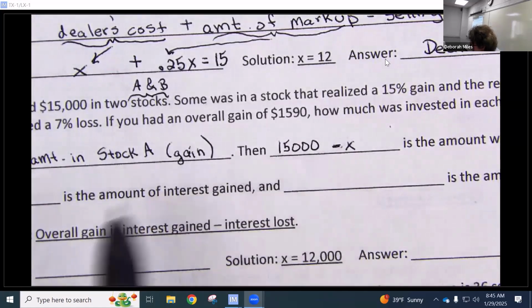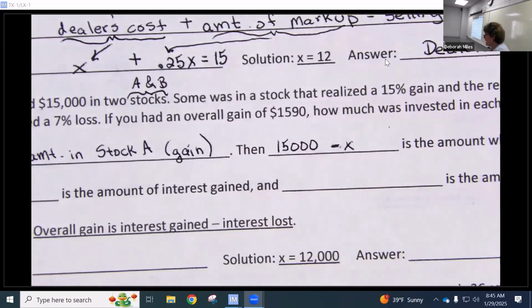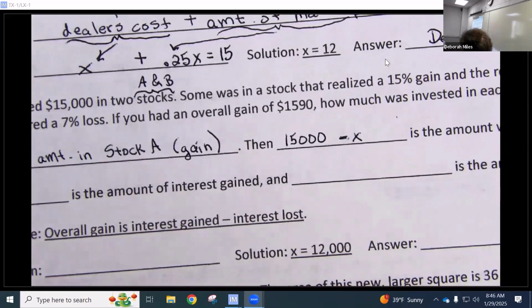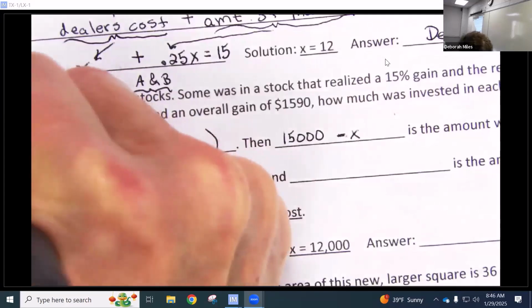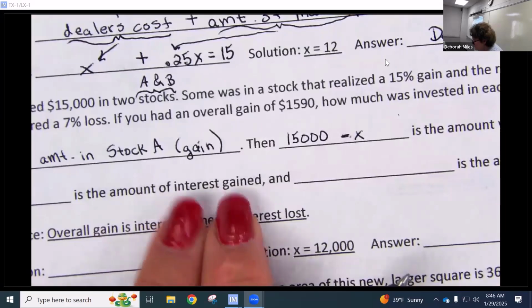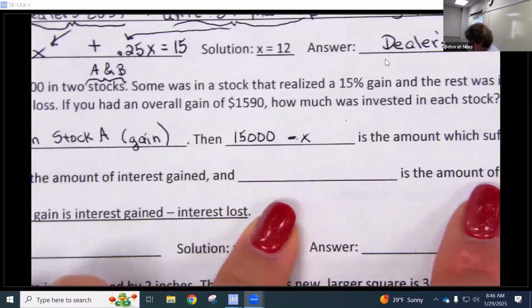How do you get the amount of interest you gain? Principal times rate equals interest. So 0.15 times X would be the amount of interest you gain, and what would be the amount of interest you lost?